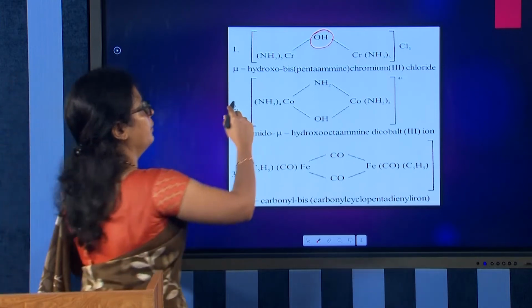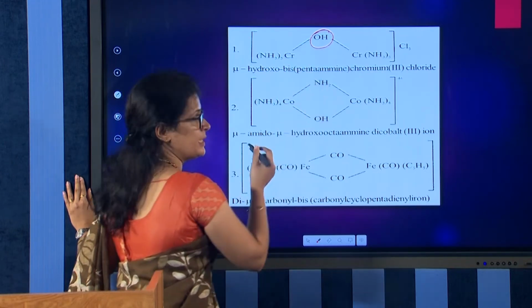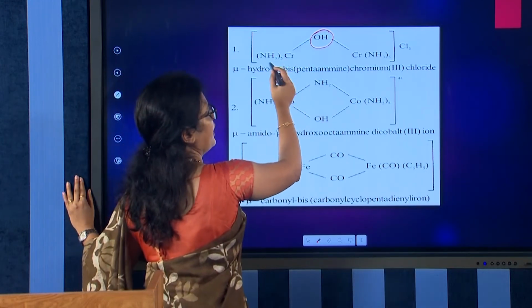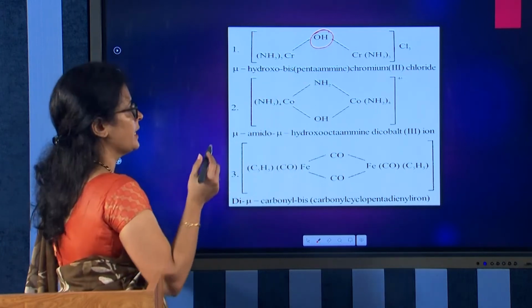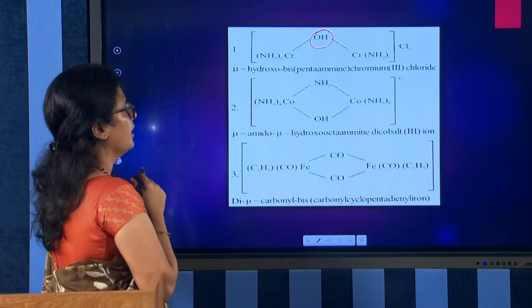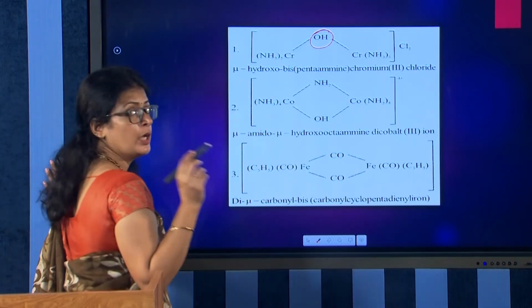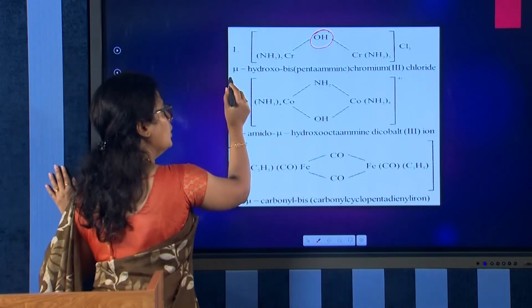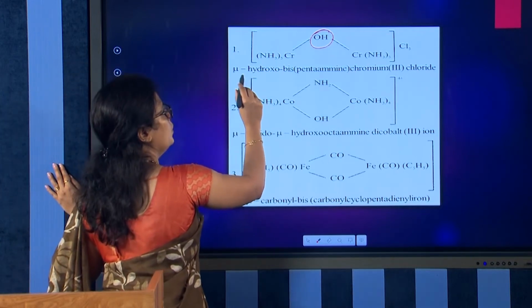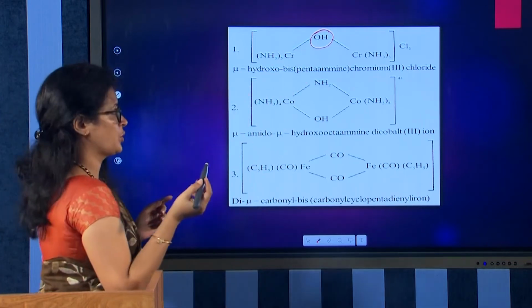And if we look at both sides of the bridging ligand, you can see the symmetry, that is Cr(NH3)5 is there on both sides, and outside the coordination sphere there is a chloride ion. Now, while naming, what is the rule? Mu should be added before each bridging ligand. So, mu followed by a hyphen, then what is the bridging ligand? It is hydroxo. So, mu-hydroxo.